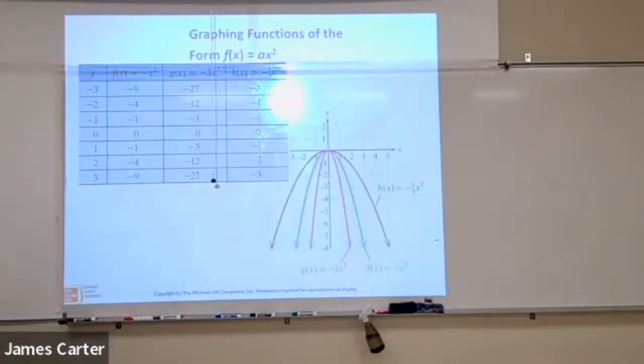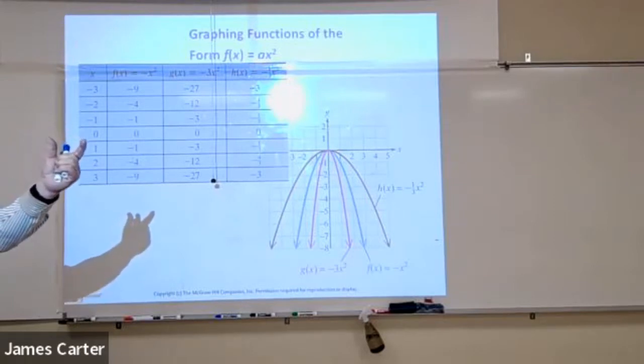You see, all of these graphs are upside down simply because of those negatives. Okay. So if the first term of a parabola is negative, then this thing is going to be making an arch instead of a cup.